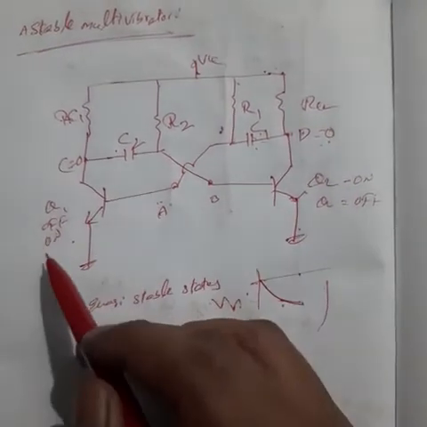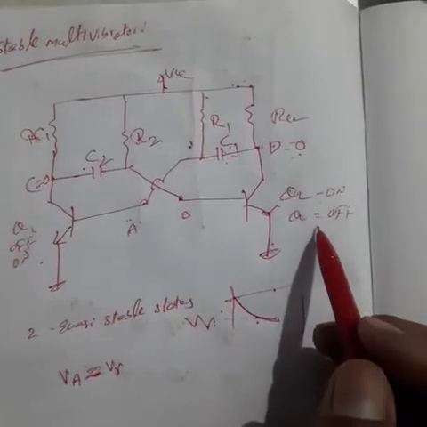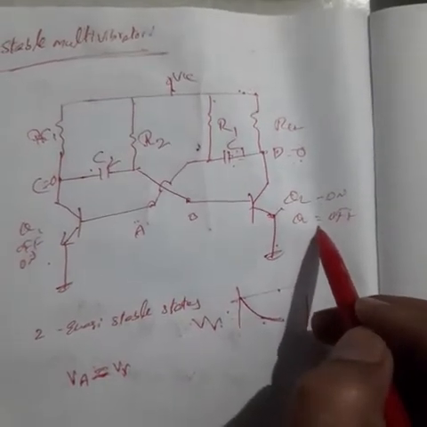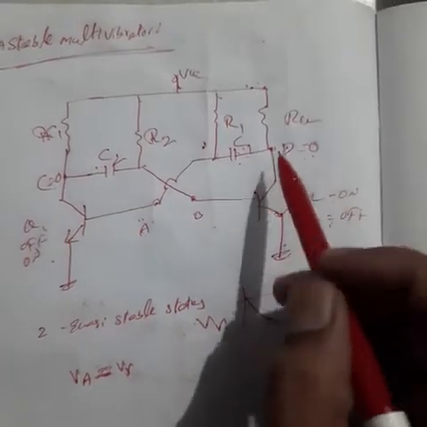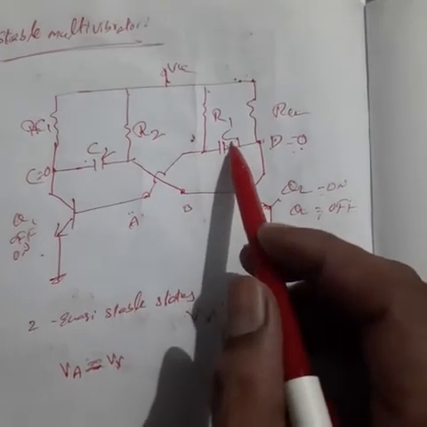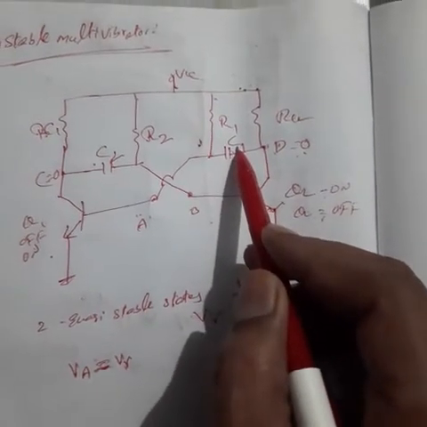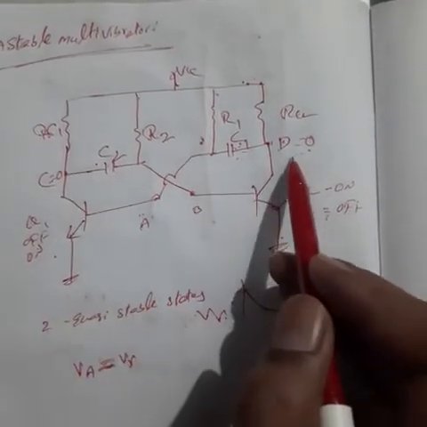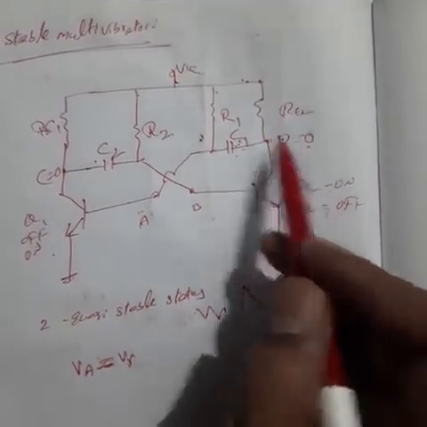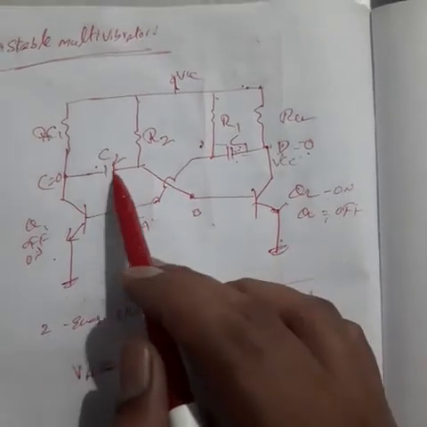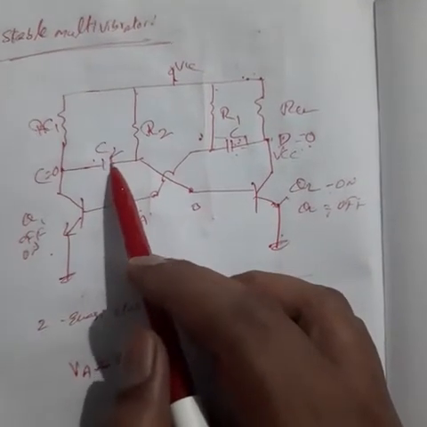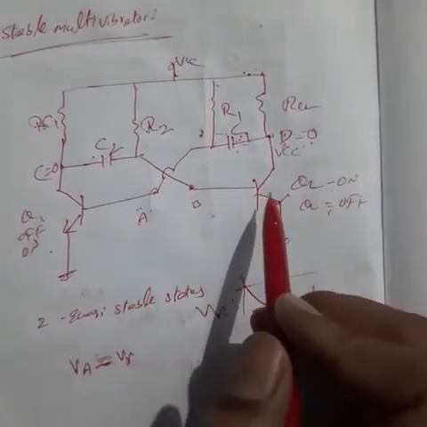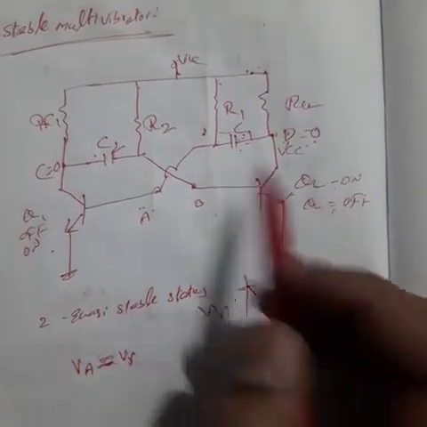Here in this case, Q1 becomes on, Q2 becomes off. If Q2 becomes off, then capacitor C1 starts charging and C2 starts discharging. Here 0, here output voltage maximum. This discharging voltage is applied to the base of transistor Q2.